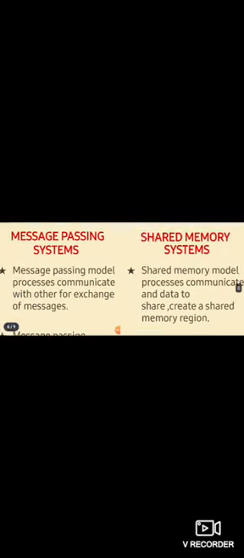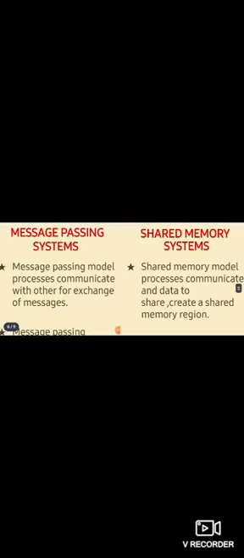Next, in the message passing model, processes communicate with each other by exchanging messages. In the shared memory model, processes that want to share data create a shared memory region. The message passing technique can be used with heterogeneous computers. In shared memory techniques, we do not use heterogeneous computers.